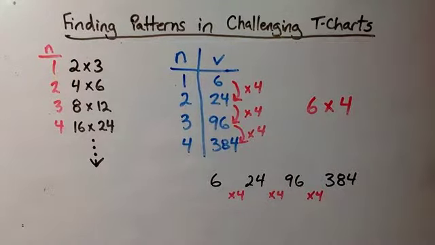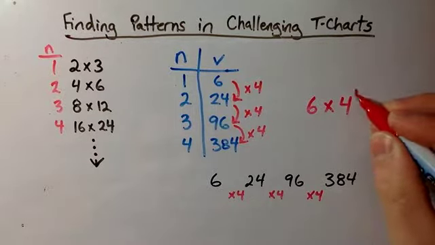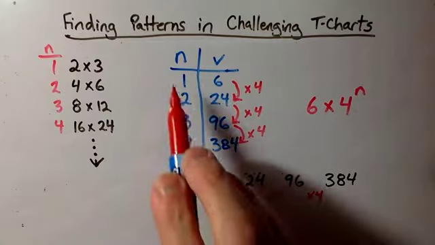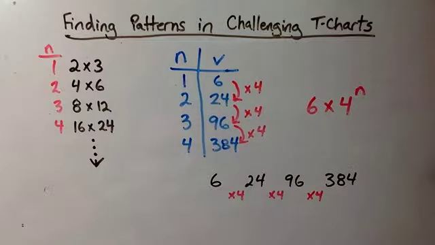This is where it gets a little bit tricky, because if I just did to the n, which would make some sense because our first term, second term, third term, that's going to give me the 24, the 96, the 384, but it's not going to give me the 6. So that added a little bit more complication.